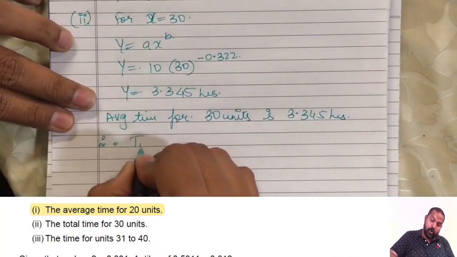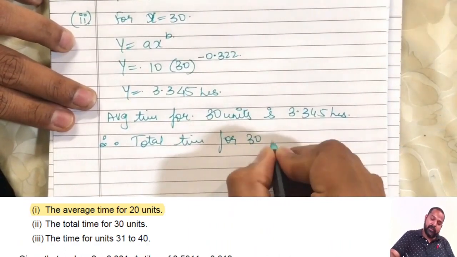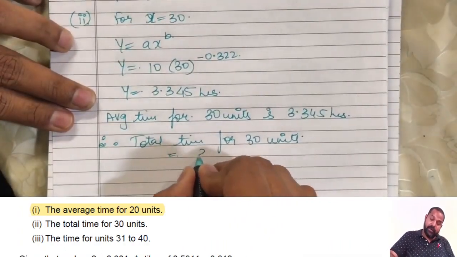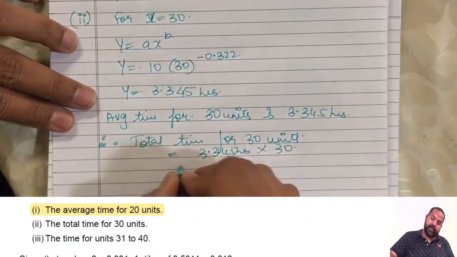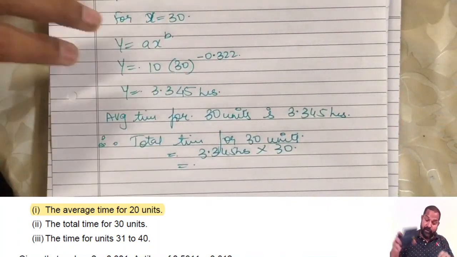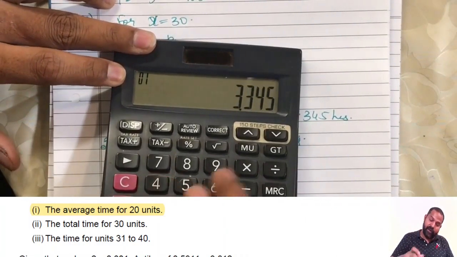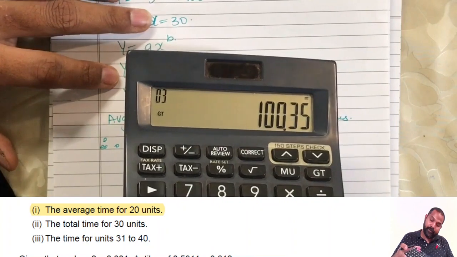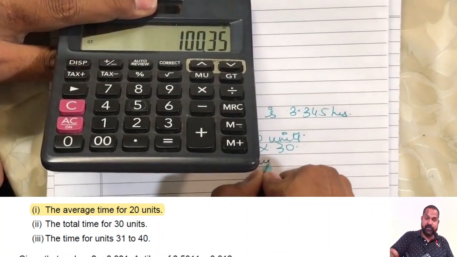Therefore, total time for 30 units is 3.345 hours into 30, which is, what is 3.345 into 30? 3.345 into 30 is 100.35 hours.